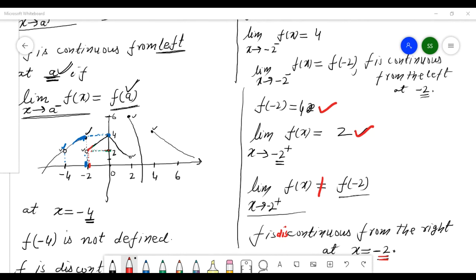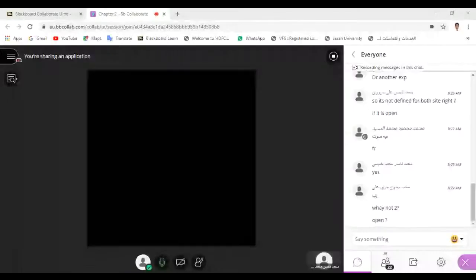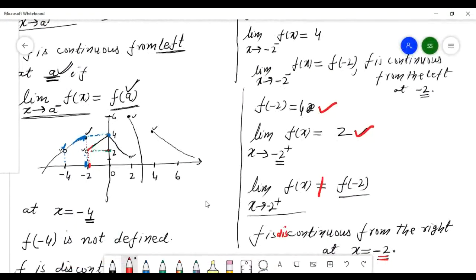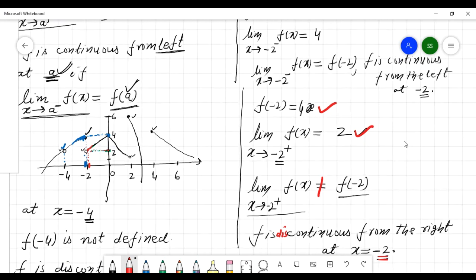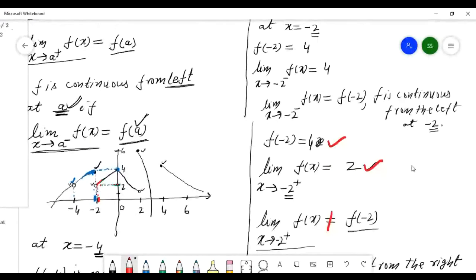Do you understand this? Why not 2? Because here it is open. This is open. Open means no point. Open means no point.